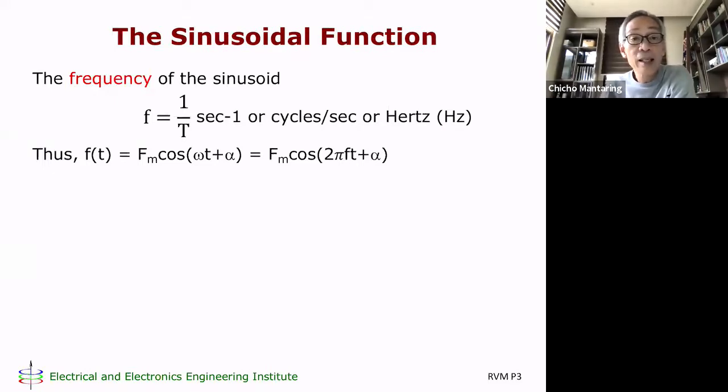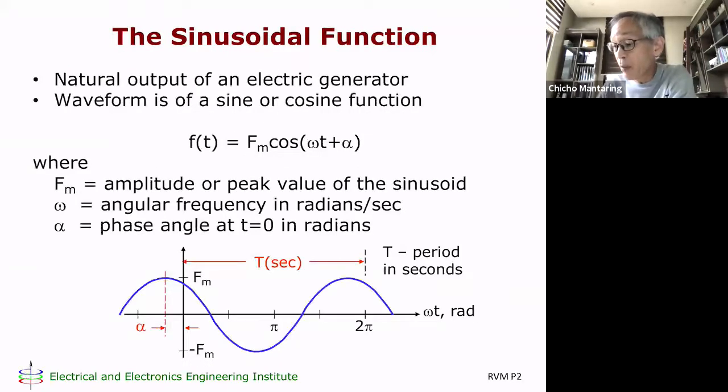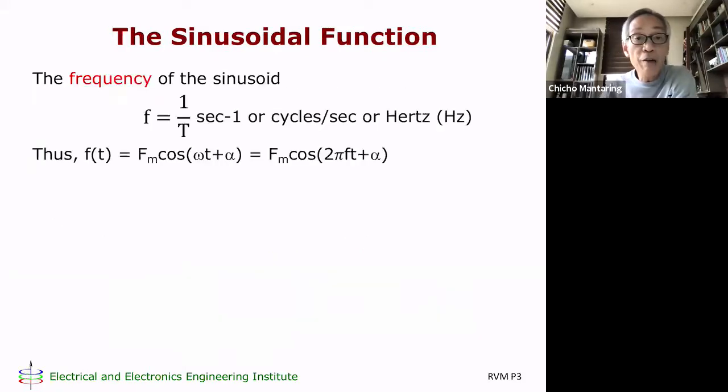Omega is your angular frequency. The relationship between angular frequency and frequency is omega is equal to 2 pi f. Omega is equal to 2 pi times f. Why?